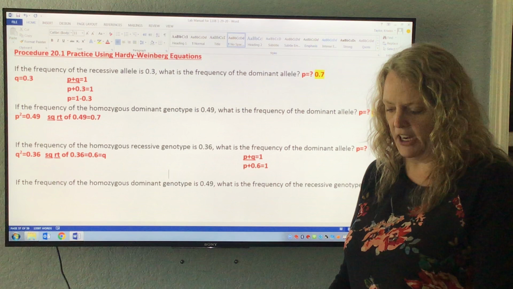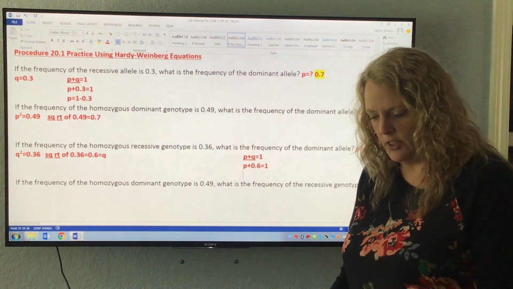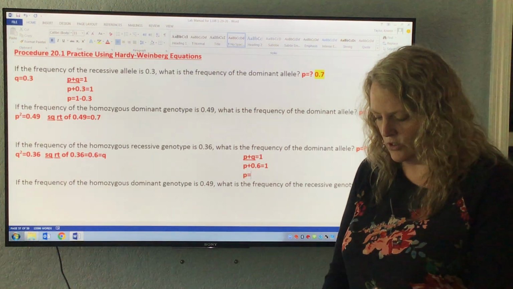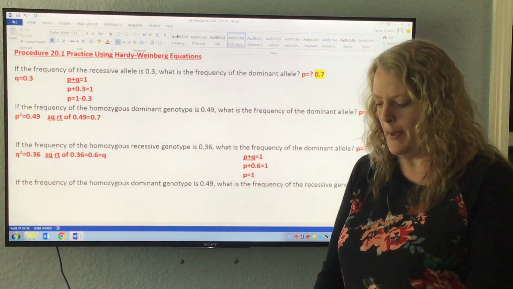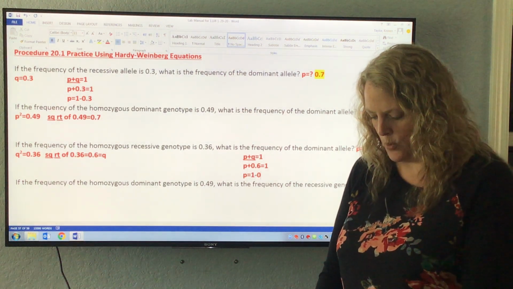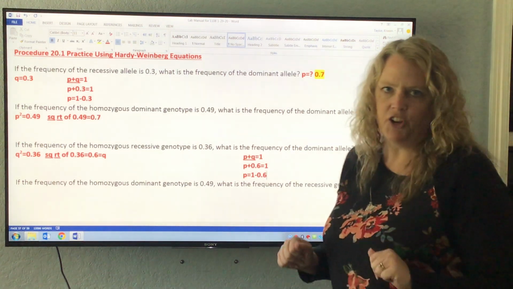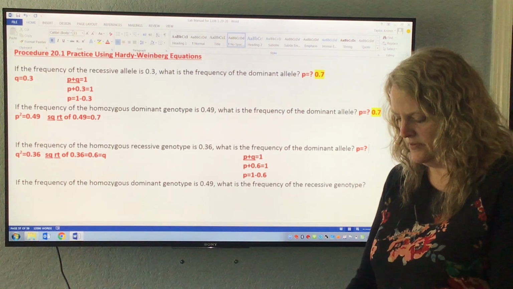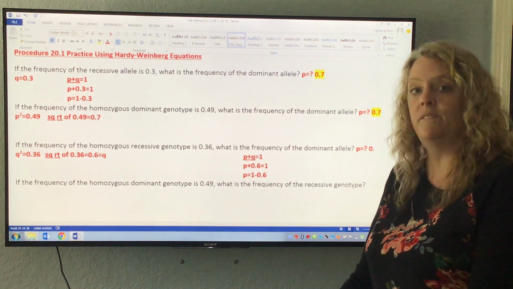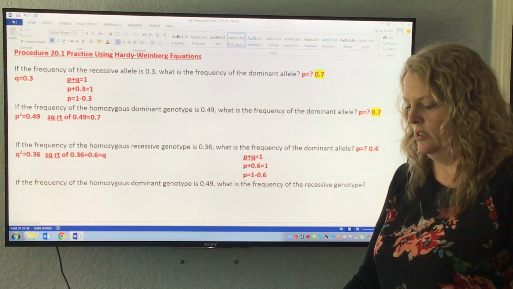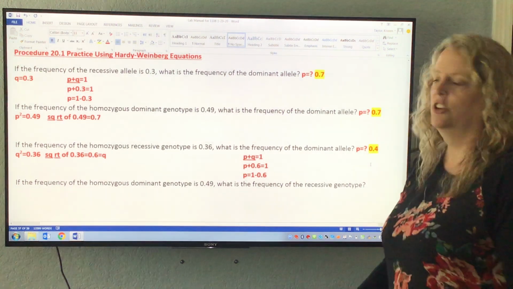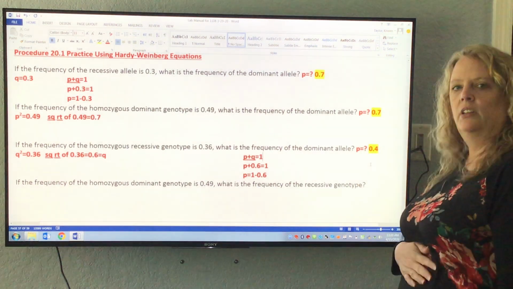So you rearrange that equation to solve for P. P is equal to 1 minus 0.6. Put that in your calculator, and your answer will be 0.4. And that's what you should have as your final answer for P: 0.4.